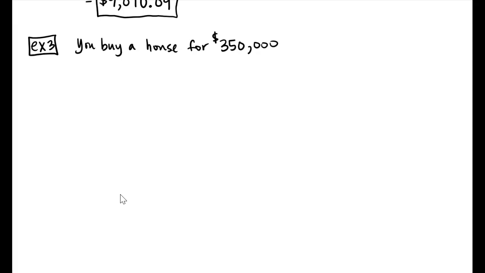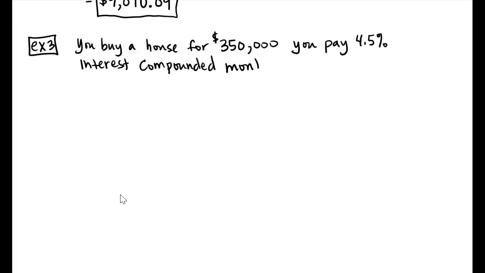So you buy a house for $350,000, and you pay 4.5% interest compounded monthly.